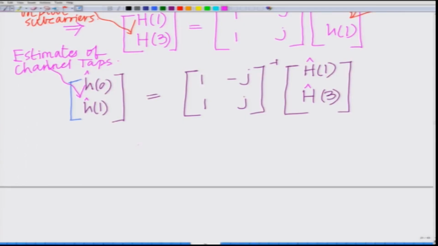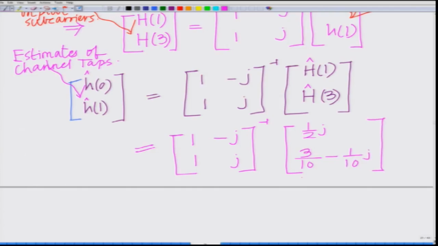Okay. And therefore, now I am going to substitute capital H hat 1, capital H hat 3. So, this is the matrix 1 minus j, 1 plus j inverse, times capital H hat 1. Now, capital H hat 1 we already calculated, that is half j, and capital H hat 3 we have calculated, that is 3 by 10 minus 1 by 10 j.